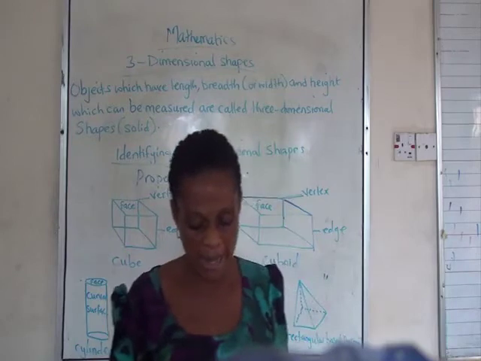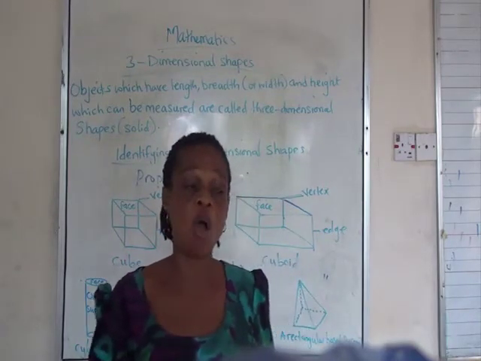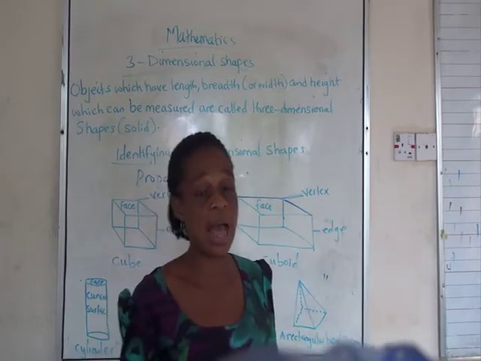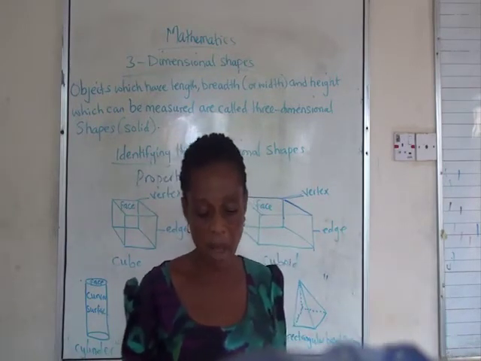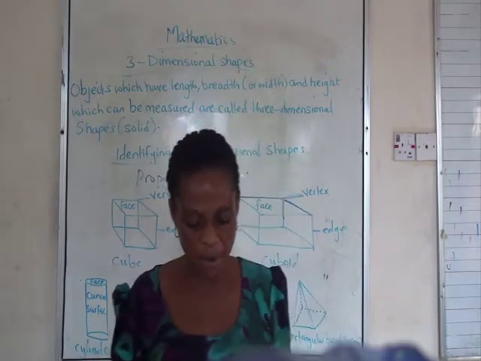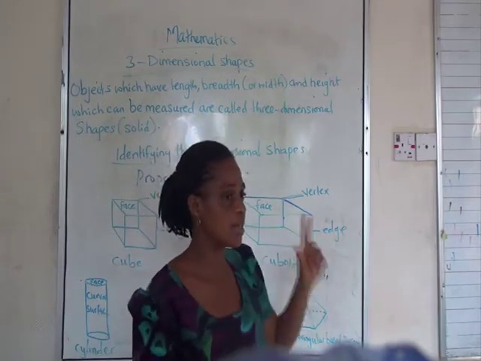The number of sides the base of a pyramid has depends on the number of faces. For instance, when the base of a pyramid has 5 sides, the number of faces is 6.